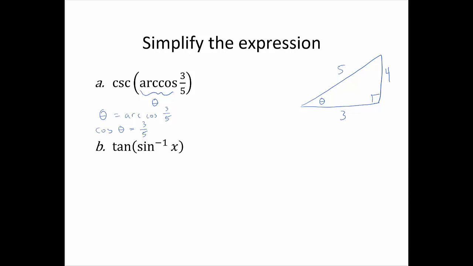So now I want the cosecant of that angle theta. Remember cosecant is the reciprocal of the sine, and so that's hypotenuse over opposite. And so then this becomes 5/4.